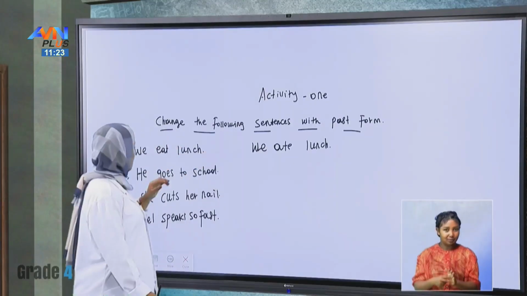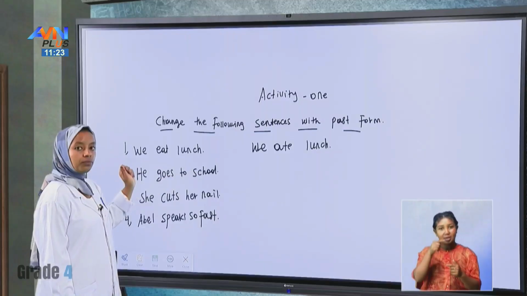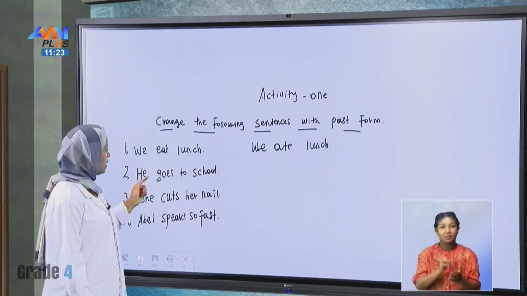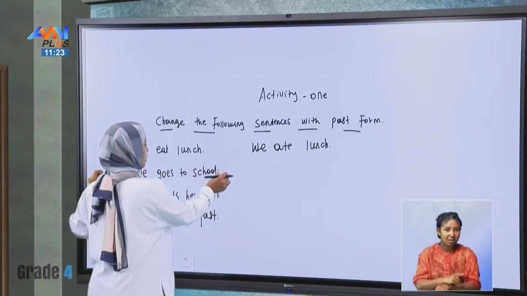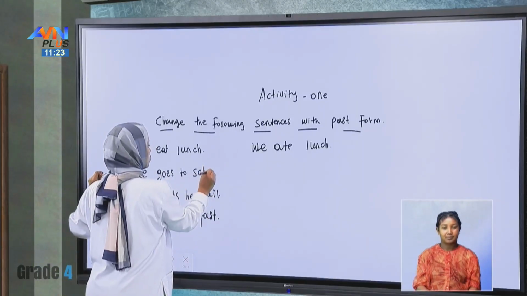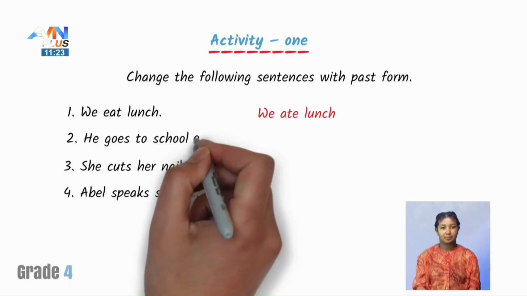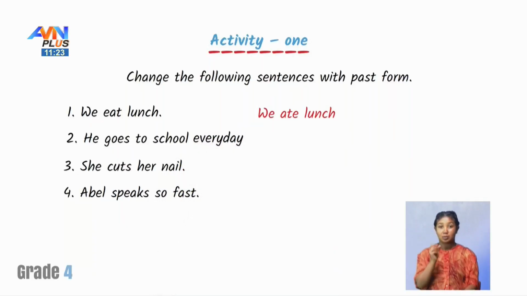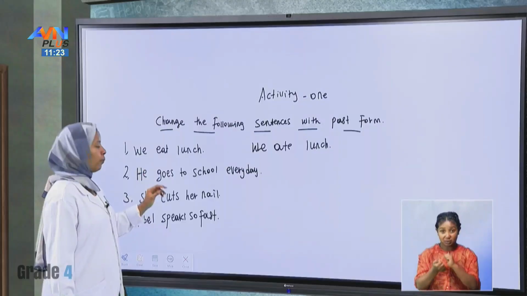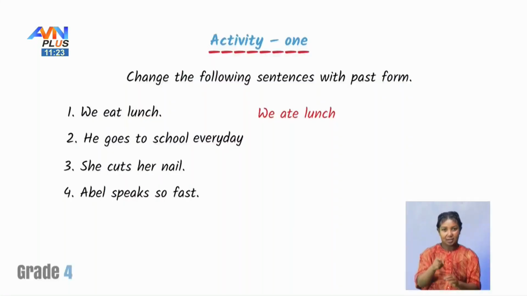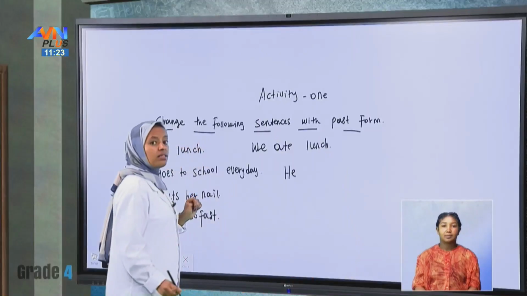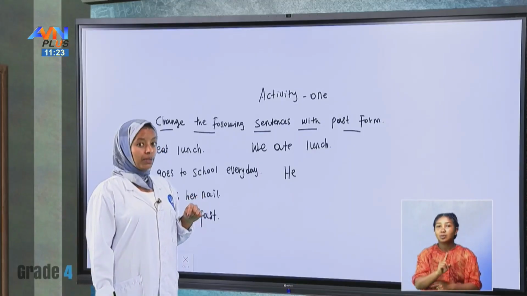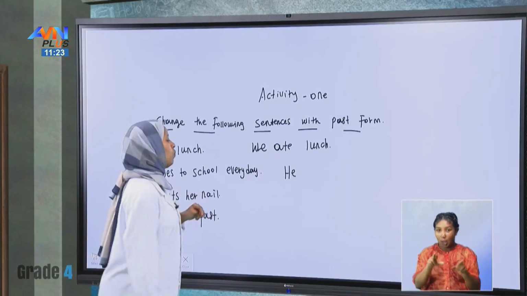Bravo, students. Here is, he goes to school. For example, we can say here every day. Let me add one thing. School, for example. Let us say every day. Look this example, students. Let us change this with past form. He. The past or the V2 form of go is an irregular verb, went.